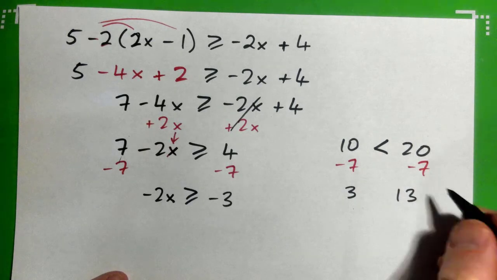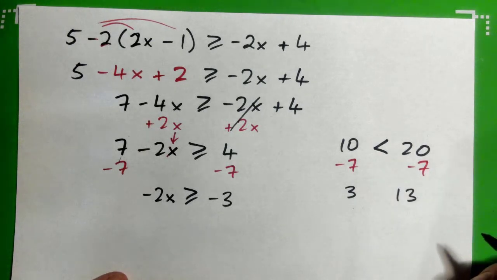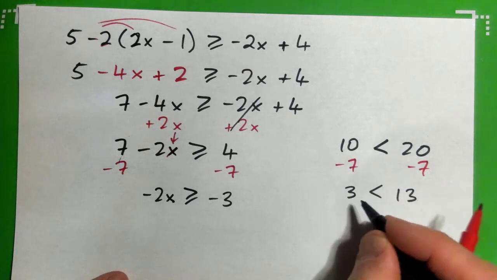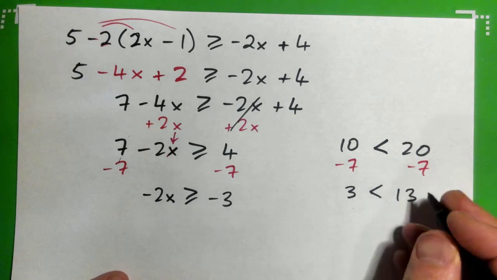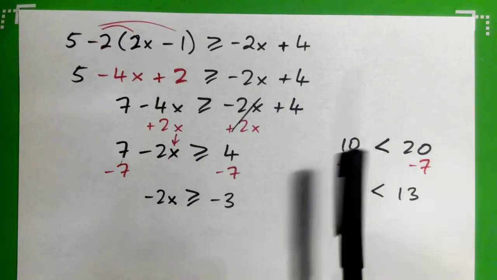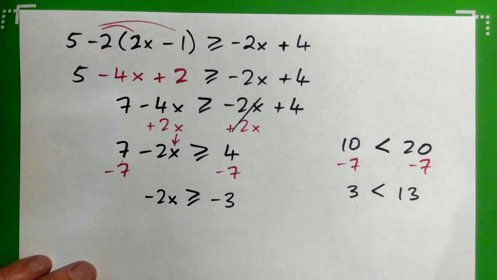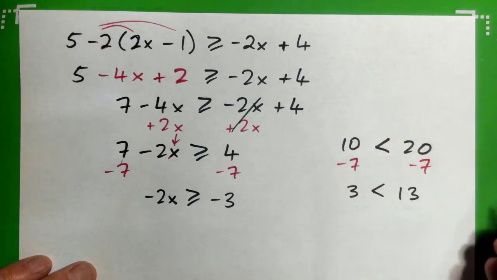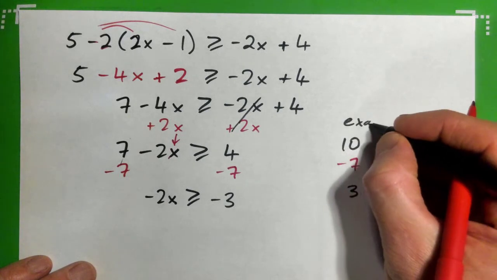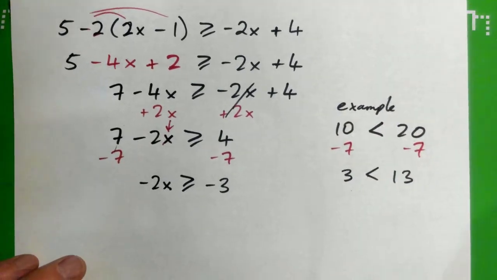Okay, now which way should the inequality go? Right, 3 is less than 13, right? So when I subtract from both sides, we're okay, inequality stays the same direction. That was just a random example, okay? Okay, so we're good to go.